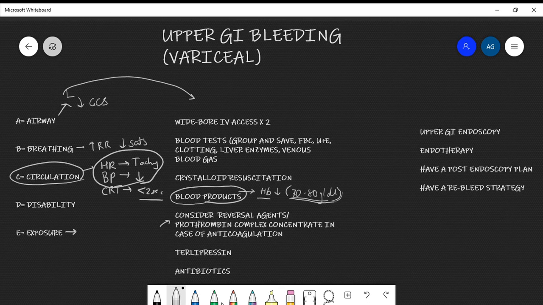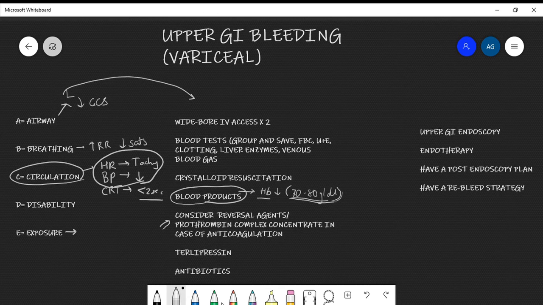But you will need to consider the need on a case-to-case basis, and feel free to take the advice of specialists like hematologists if available at your institution to advise you on what reversal agent you should be using.